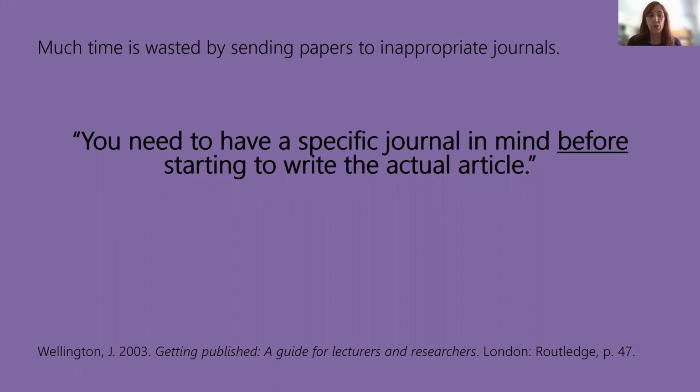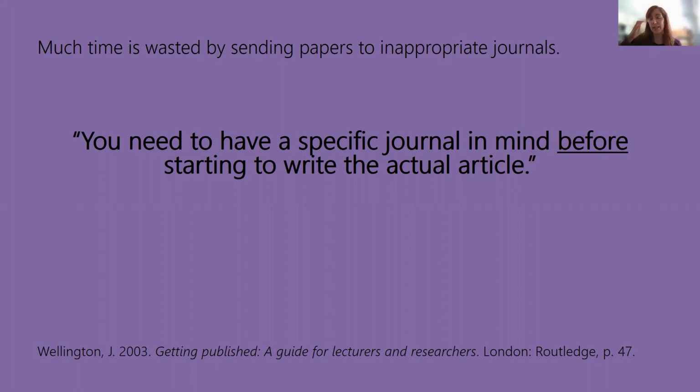So try to keep in mind that you've got to have a key message and know: this is my research, this is what I found, this is what it means, this is why it's significant. But then you would probably have several options of what a good journal might be. You might rank them, with the hardest to get into at the top and the ones that seem easier to you.